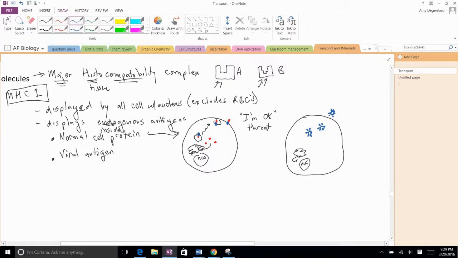But while it's being made, you have these viral proteins being just within the cytoplasm of the cell.